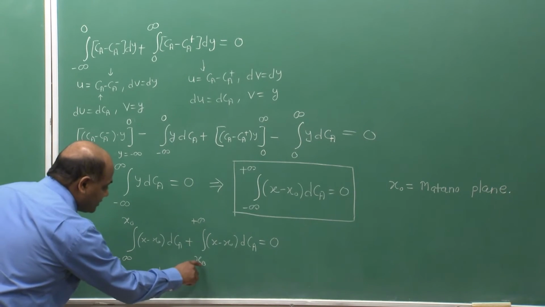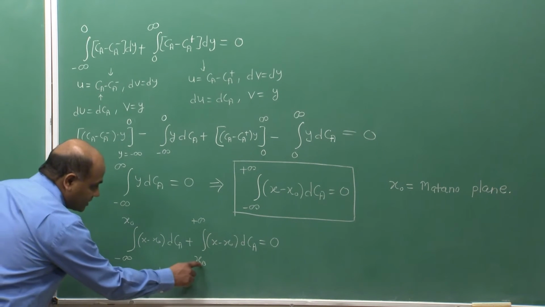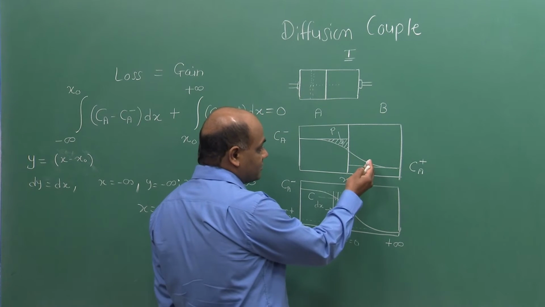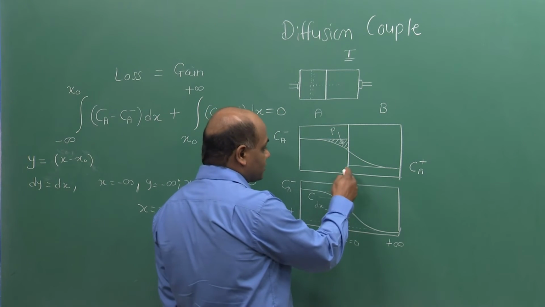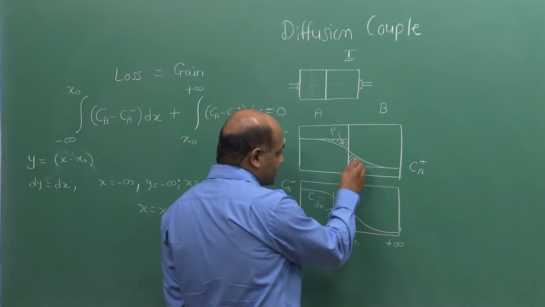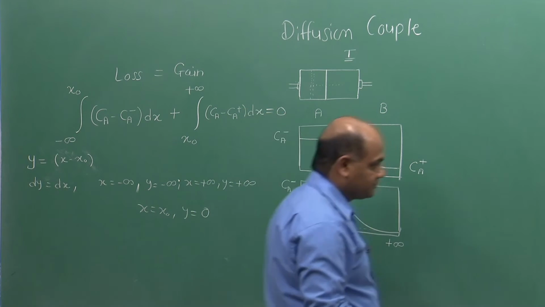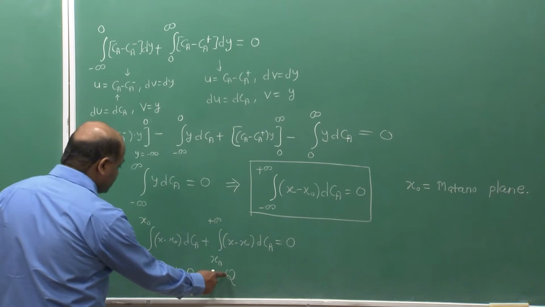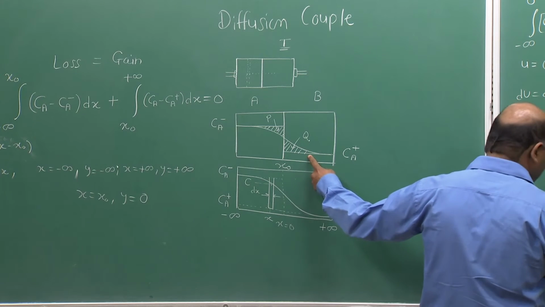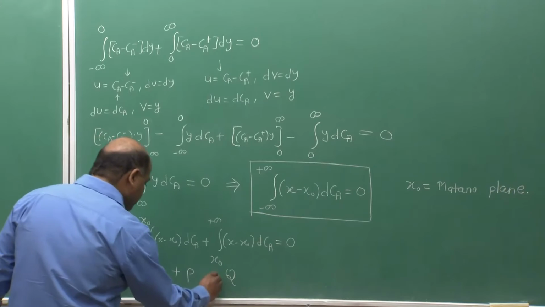And the integral from x naught to plus infinity is the area under the curve again plotted onto the Matano plane. So, it represents this area, let us call this Q, and the sign of the area would be negative, since x minus x naught is positive on the right side and dCA is still negative.